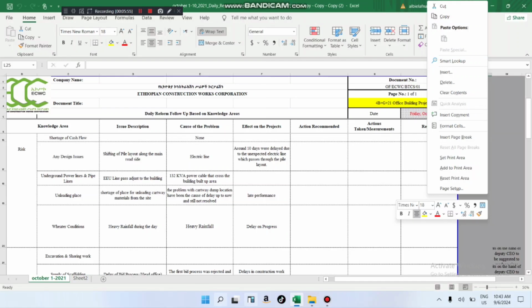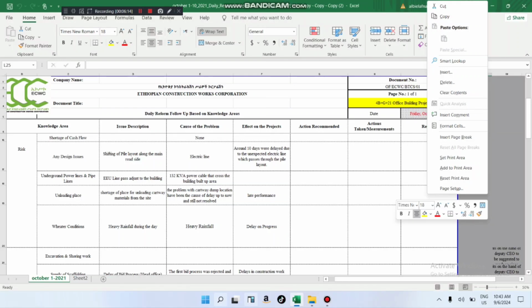For example, we have some risk that causes a delay from the design. What is the issue? For example, here, shifting of pile layout along the main roadside.